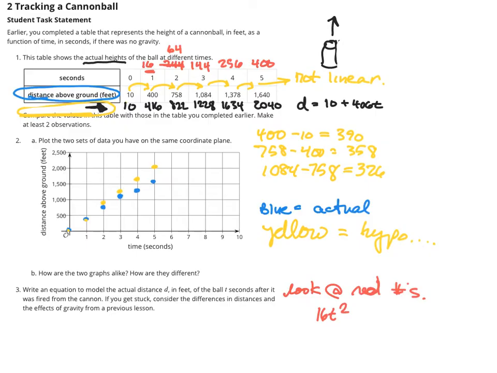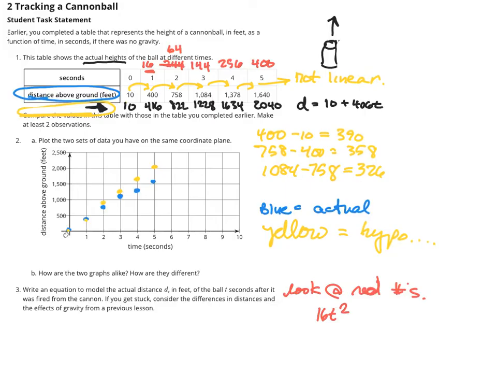When time is 2, it's 2 squared, which is 4. 4 times 16 is 64. So these values up here, if you look at the glowing dot, these values up here represent this part of the equation here, right? So we just need to equate for the difference.